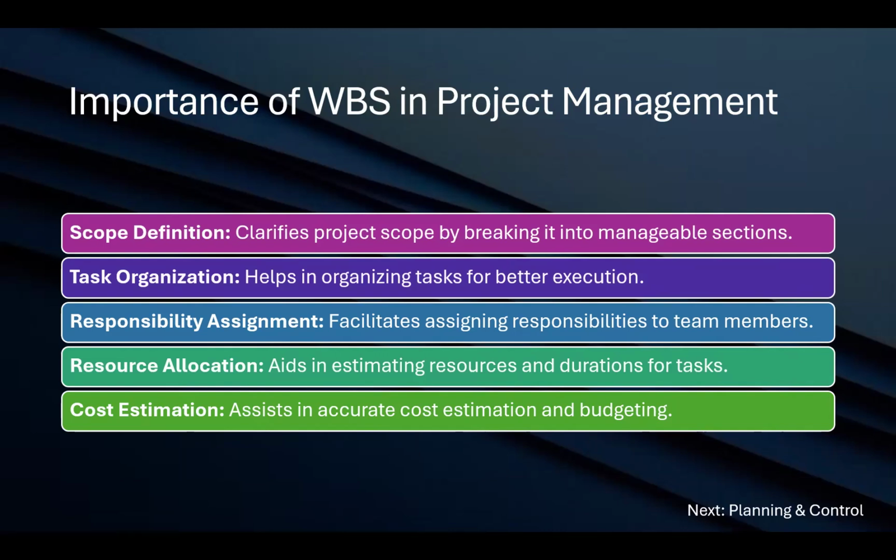And why have it? It helps you scope, how you organize your tasks, who's responsible for it, what kind of resources you might need, and gives us your best guess cost estimate.